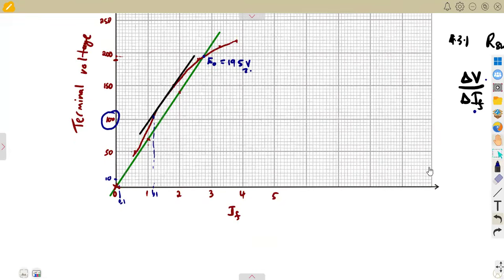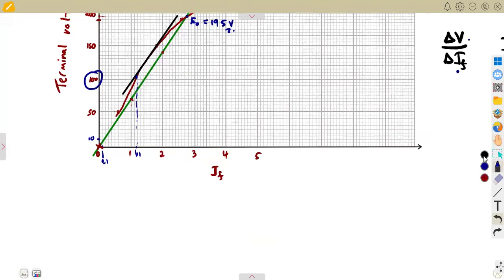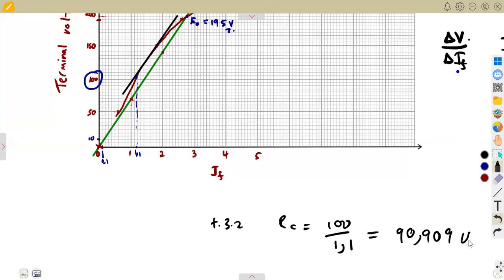Let me know what you are obtaining. But from the exact measurement that I had before, it was 100. So RC is 100 versus the current 1.1, and that is going to be 90,909 ohms at the point of tangent.